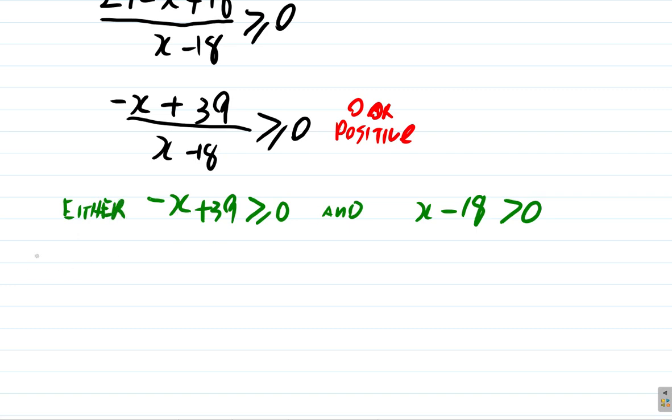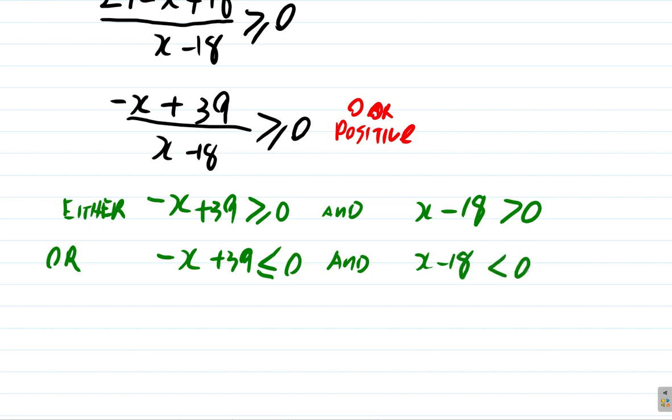So either this is so, or negative x plus 39 is a negative number, less than or equal to 0, and also x minus 18 is a negative number, less than 0. Notice that I say negative x plus 39 is greater than or equal to 0, because the top, the numerator, can be 0. 0 over anything is 0.